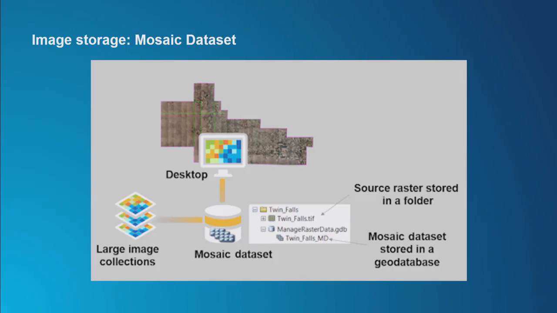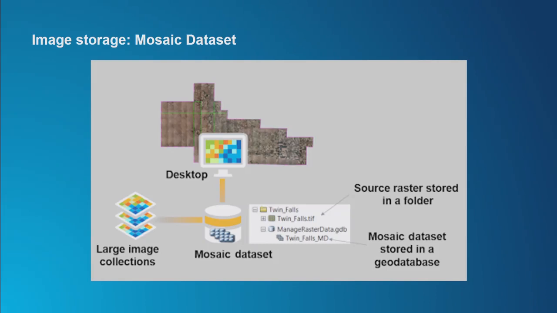That's what it's been designed for. And again, there's a trick to it. The imagery itself will not be duplicated. It will be referenced by the Mosaic data set. The imagery itself stays in its native format. And we can add imagery from many different formats to the same Mosaic data set.